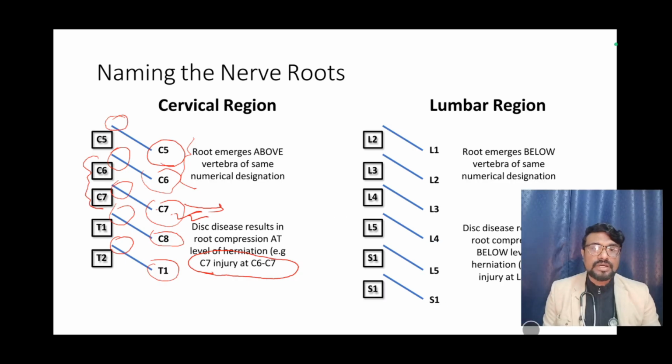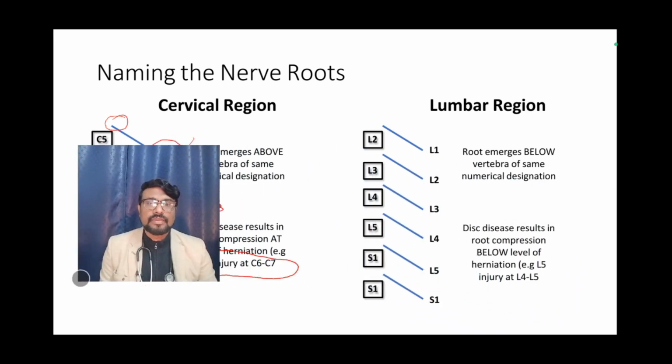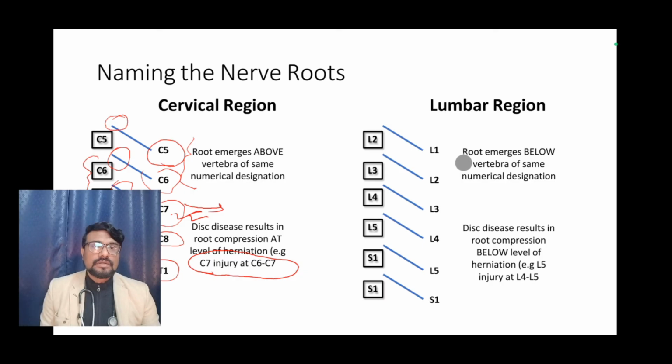Whereas in the lumbar region, the root emerges below the vertebra of the same numerical origin.